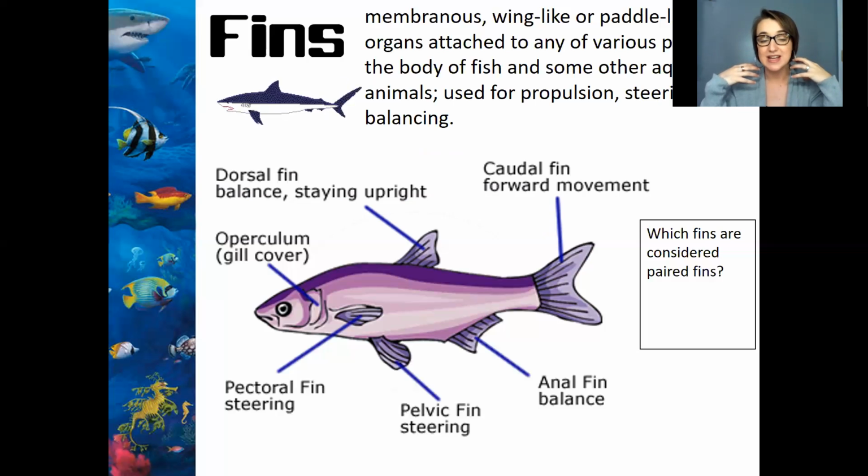So what you're actually seeing is that gill cover, and it is a type of fin. No, it's not helping them move forward through the water, but it's helping water push over and off of those gills on the inside so that they're able to breathe. So that actually is considered a fin.